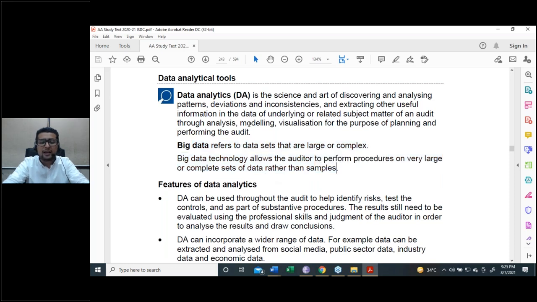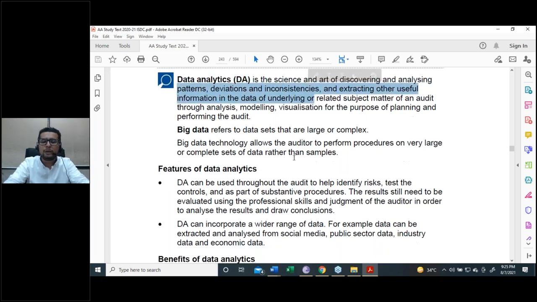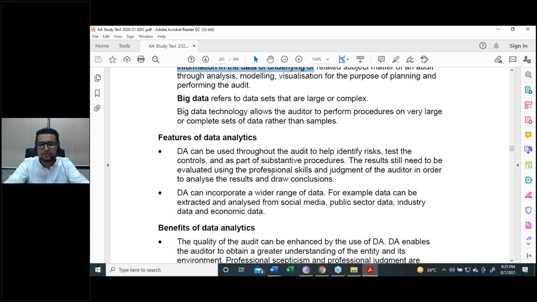If that data is used in order to identify patterns, deviations, and inconsistencies, this is called data analytics. This could be tested as a knowledge base. Data analytics is the science and art of discovering and analyzing patterns, deviations, and inconsistencies, and extracting other useful information. By identifying those patterns, deviations, and inconsistencies, you will be able to identify the material misstatements.